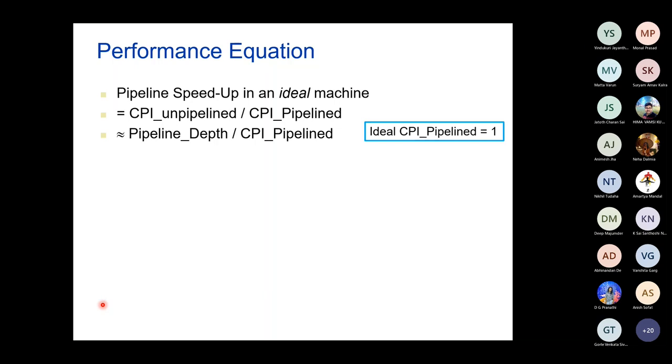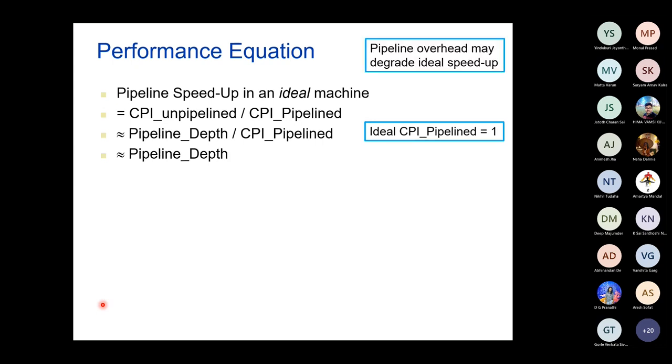Once the pipeline becomes full, and there are a large number of instructions to follow, the CPI value would tend to 1. So this is approximately equal to pipeline depth, which we already know.